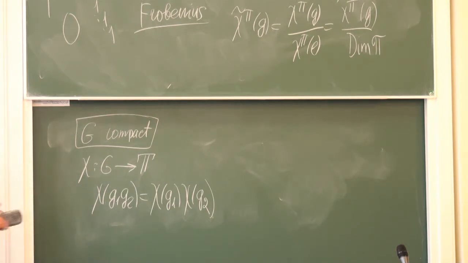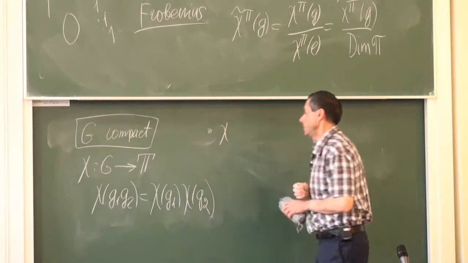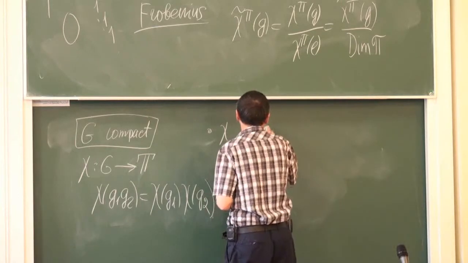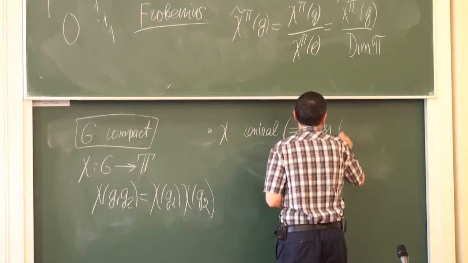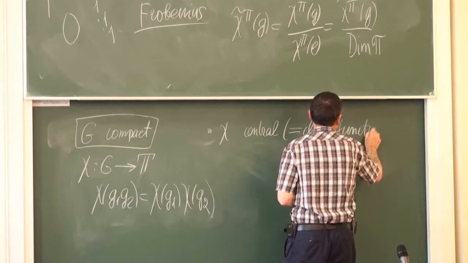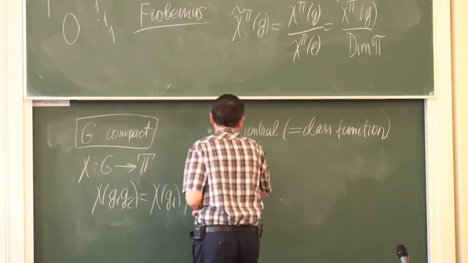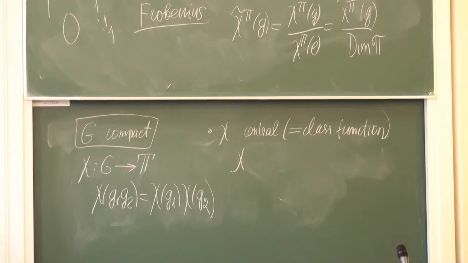The idea is as follows. First, we require that our future character be a central function, which also means a class function, which means that it is invariant under conjugation.